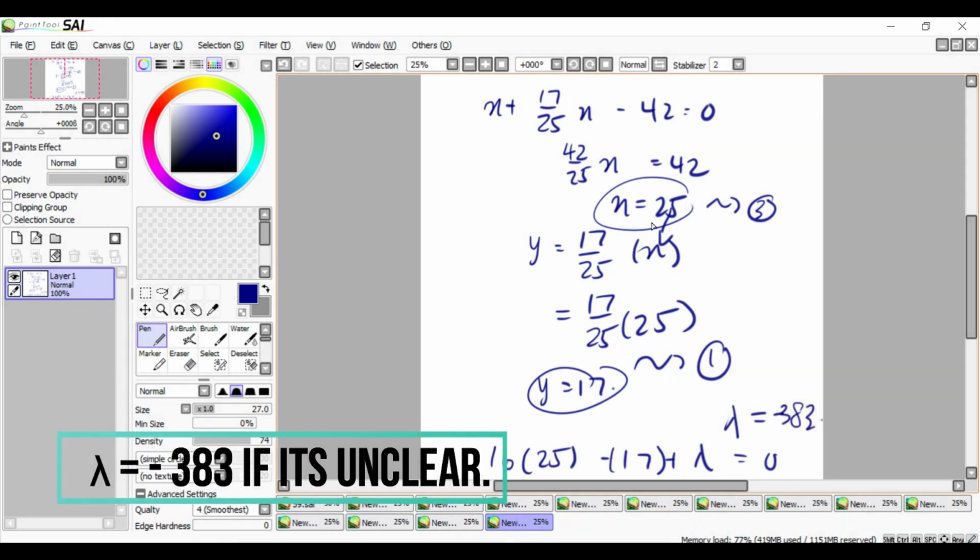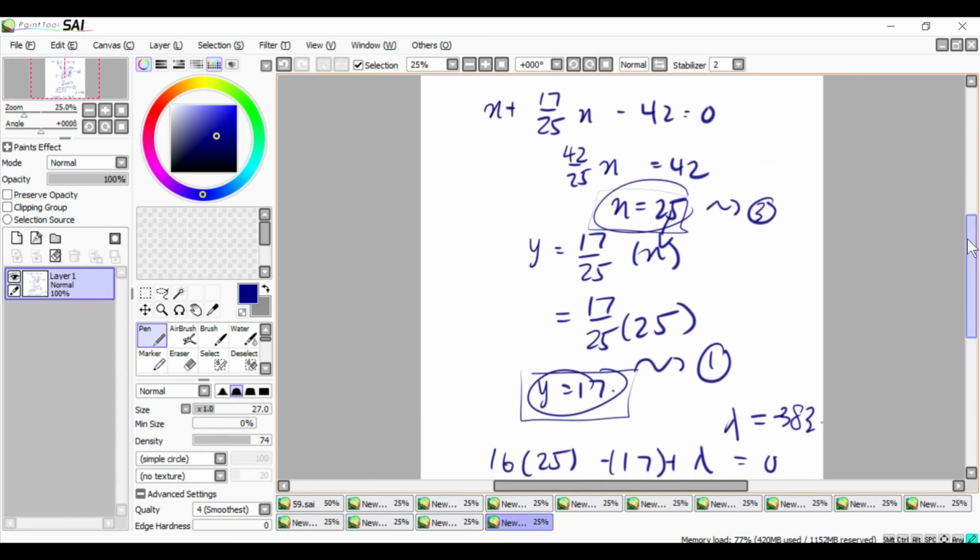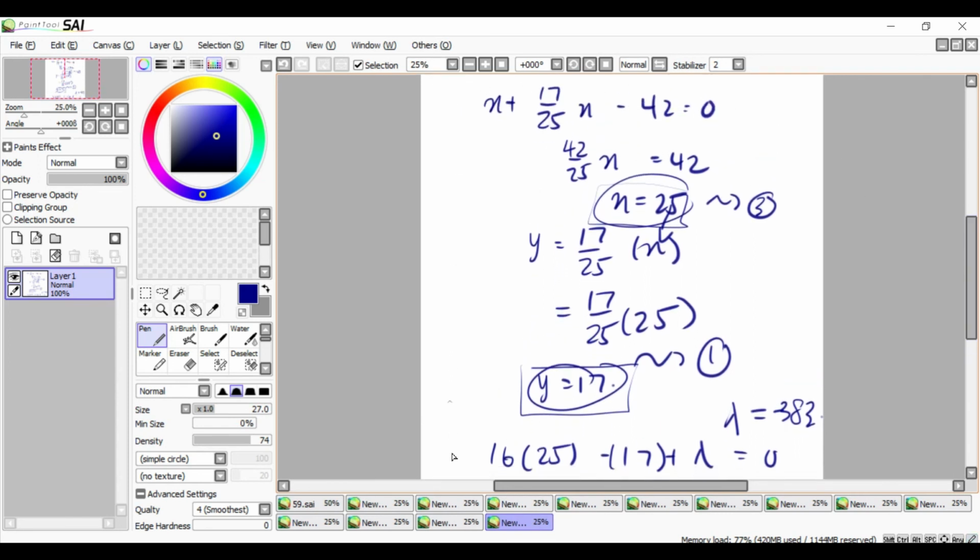These numbers that we get here are the allocations of products with which we can minimize the cost.